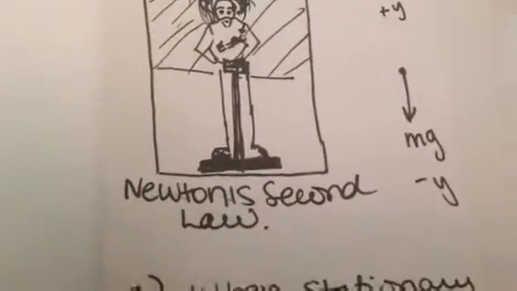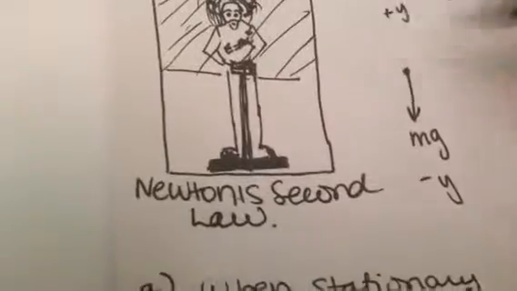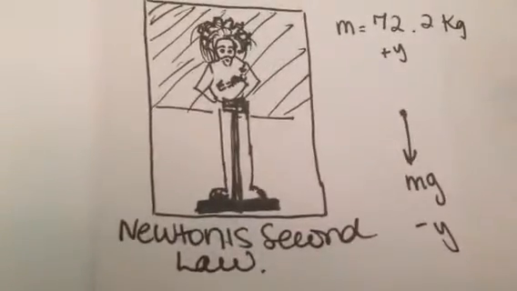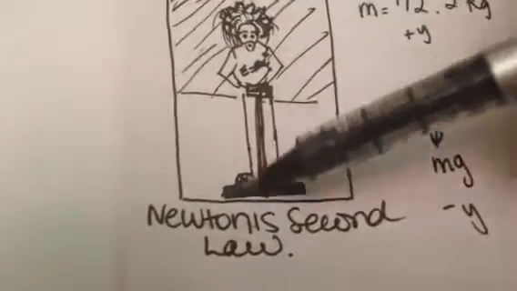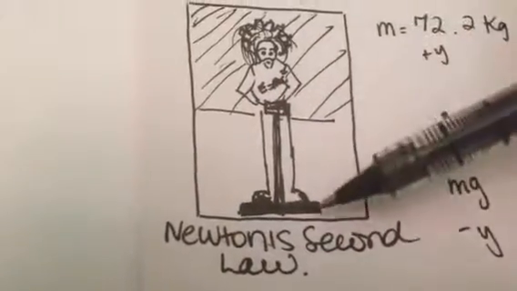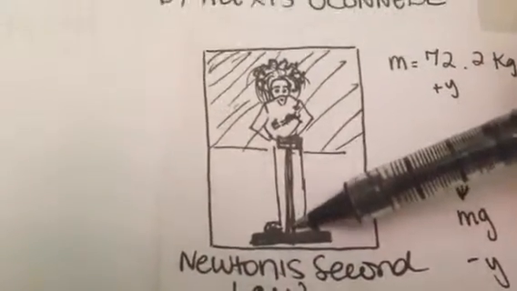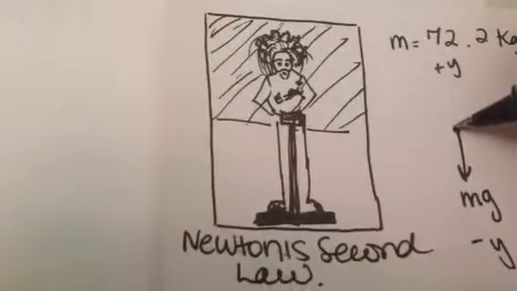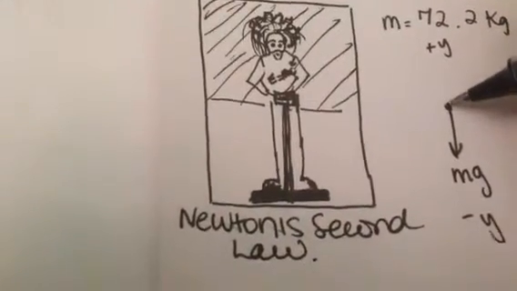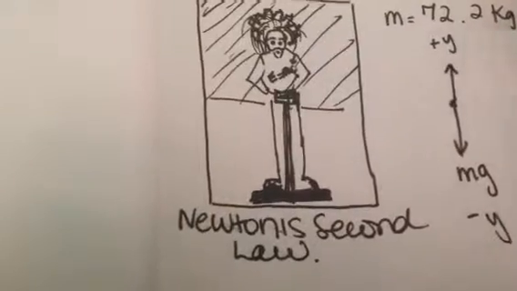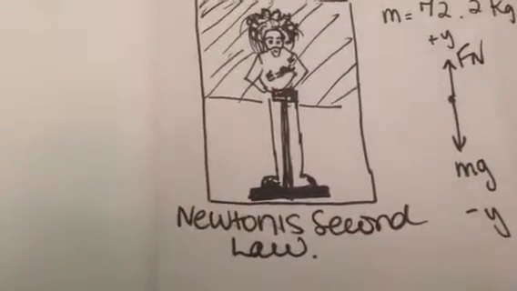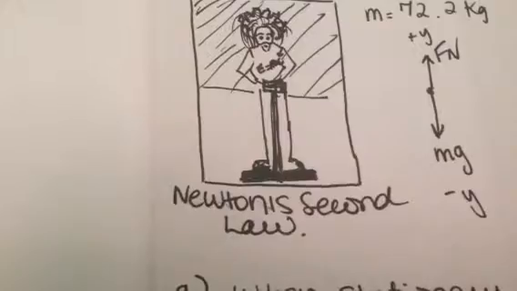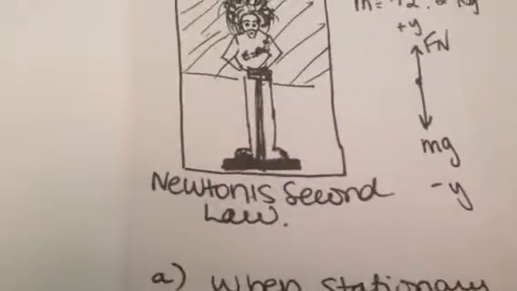It doesn't really matter. And so because we have a negative mg and he's standing on a scale right here, the normal force is going to be perpendicular to where he's standing. So we have Fn there in the positive y direction. So that is our free body diagram.